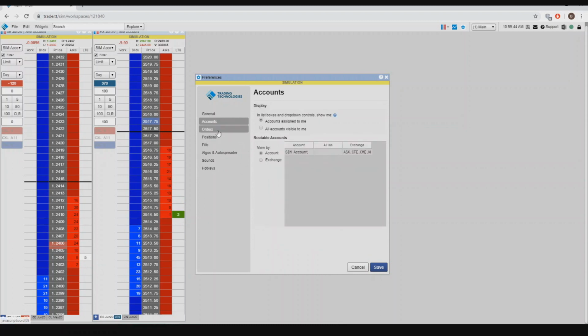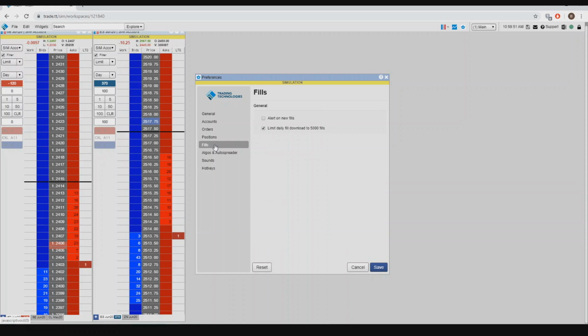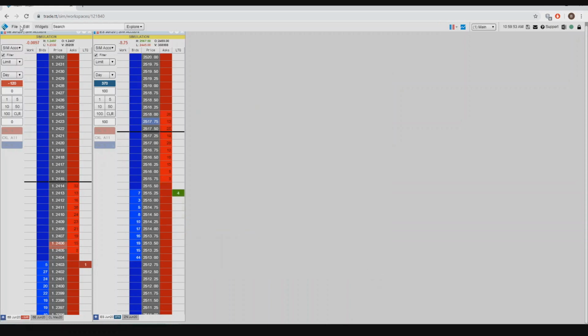I think it's just letting me give a maximum of 100 contracts, which is not a problem, but okay, we'll just leave it at that.